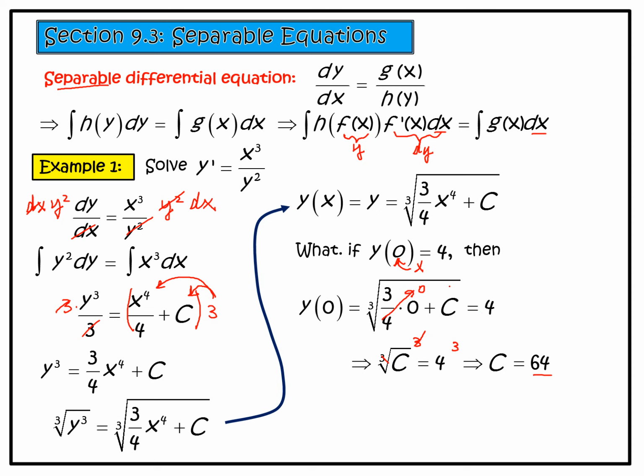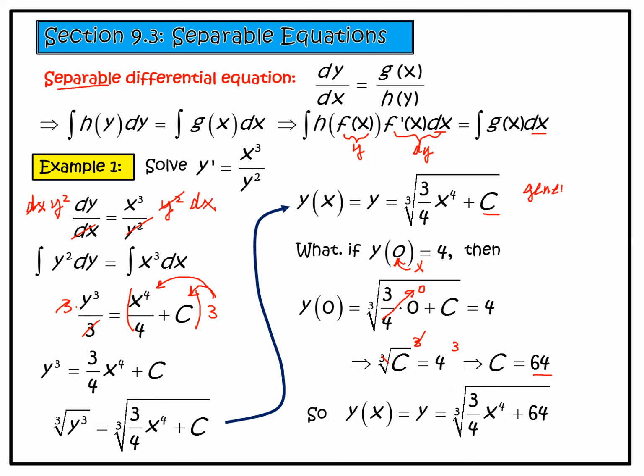Now we can take that 64 and plug it back in for c, and we have a specific solution. Our specific solution is y equals the cube root of 3/4 x to the fourth plus 64. The earlier one is what's called the general solution, when you've still got a parameter left in there.